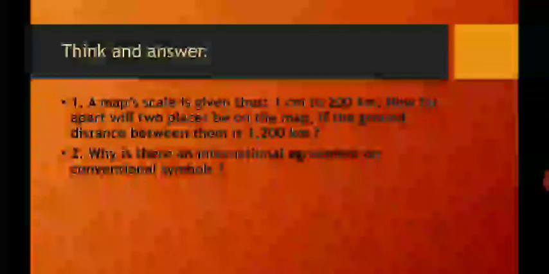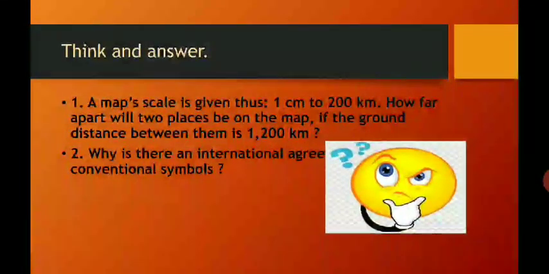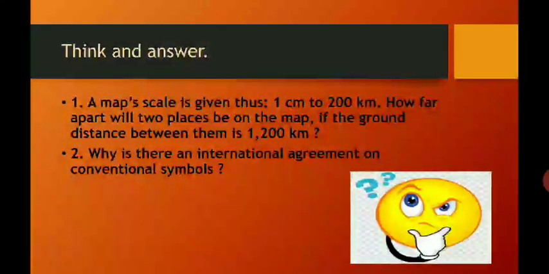Next, here is a question for you, students, think and answer. A map scale is given thus: 1 centimeter to 200 kilometers. Try to understand and solve this question. 1 centimeter to 200 kilometers means 1 centimeter on the map is equal to 200 kilometers on the ground.